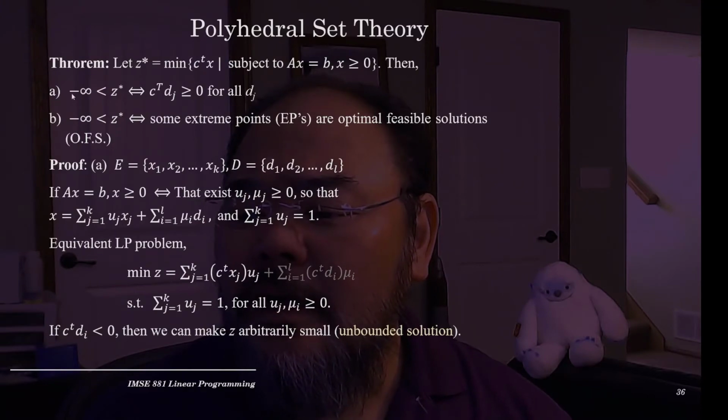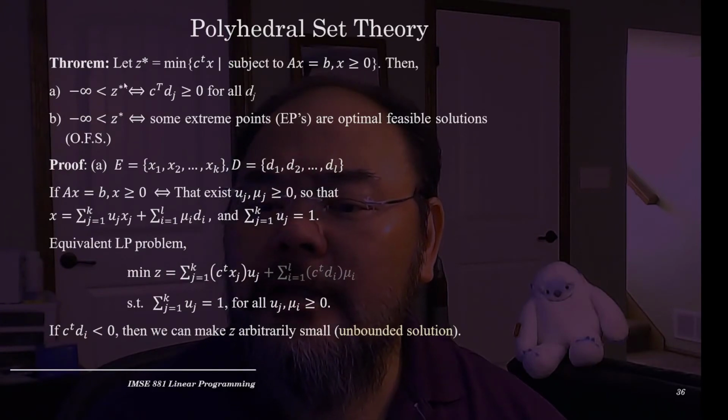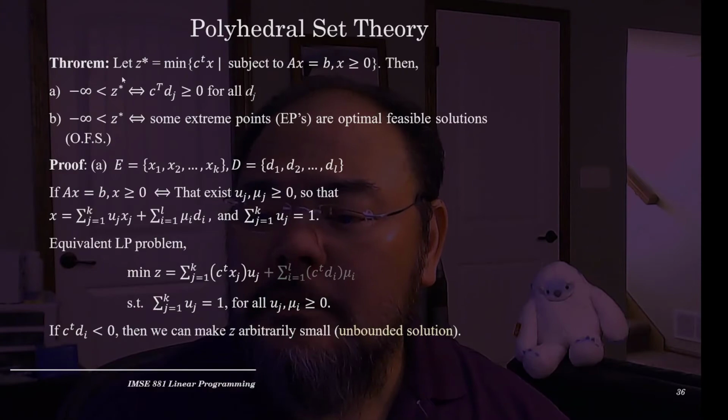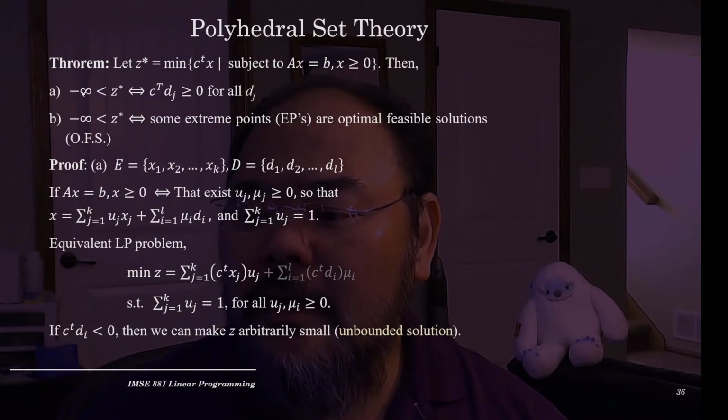First, Z star, your optimal objective function value, could be greater than negative infinity, which means you have a finite objective function value. Otherwise, we call it negative infinity, which is an unbounded solution. So that means your optimal objective function value is bounded.